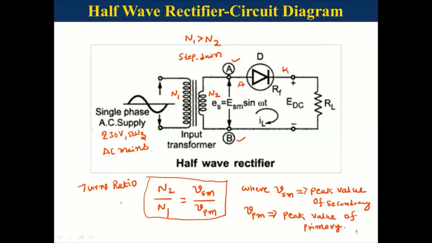Then I move to the operation of the half-wave rectifier. For the half-wave rectifier, we are applying an AC signal, and that AC signal consists of a positive half cycle and a negative half cycle.